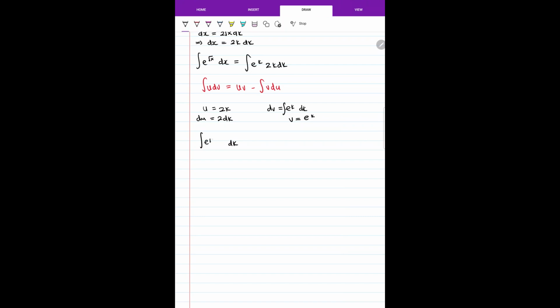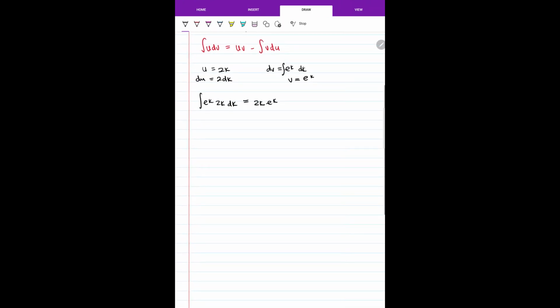So this is going to be e to the k times 2k. Now our formula says u times v, so u is 2k, v is e to the k, minus the integral of v du, and du is 2 dk.